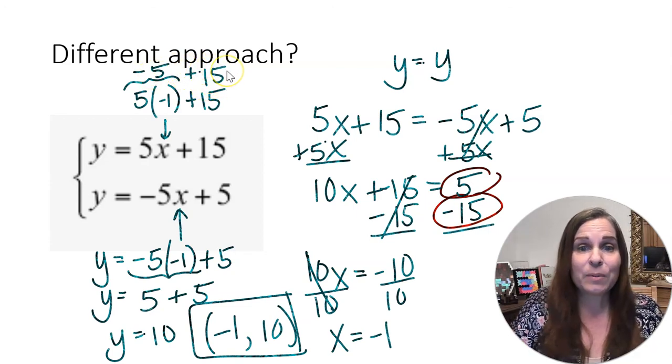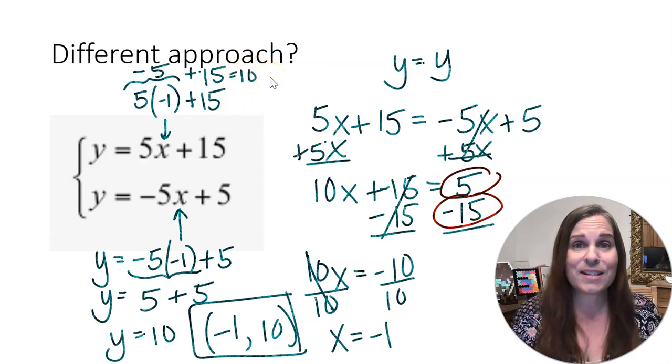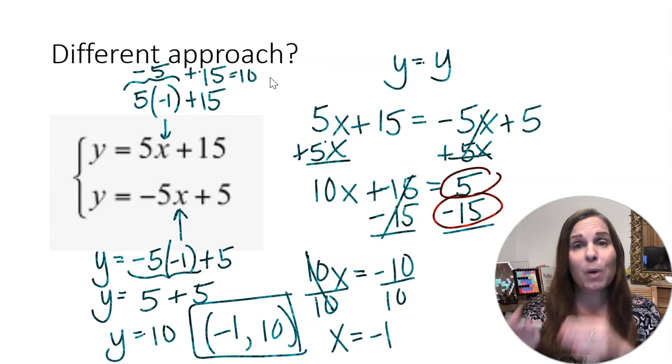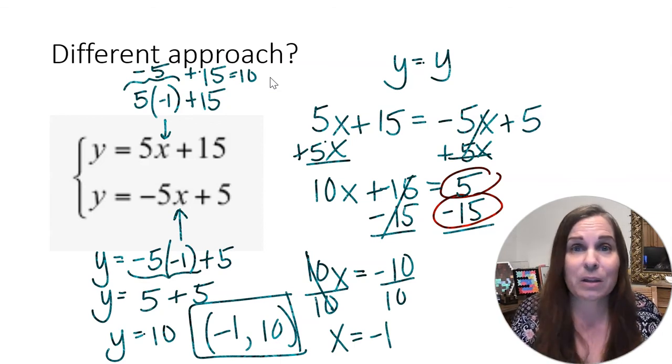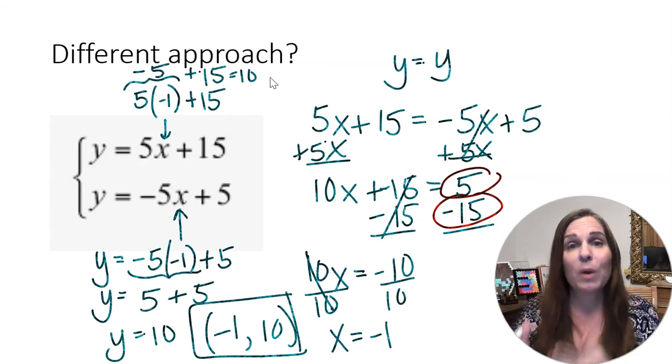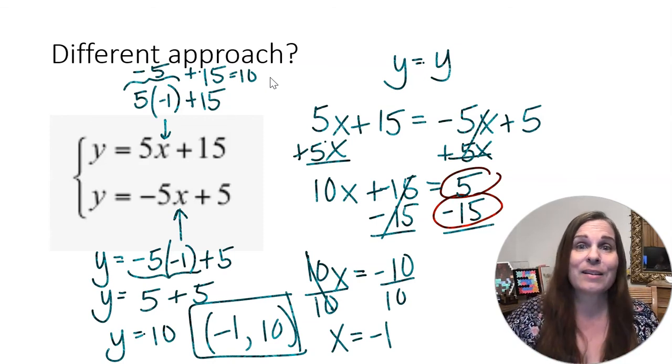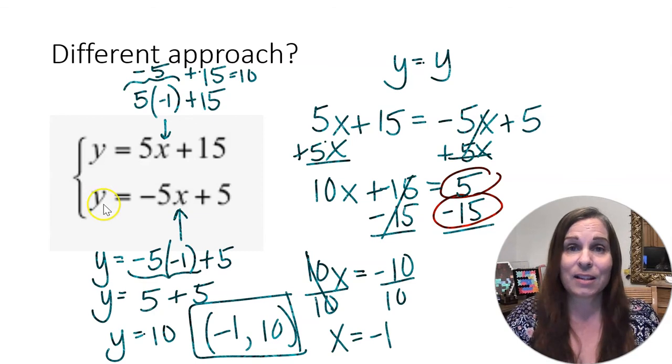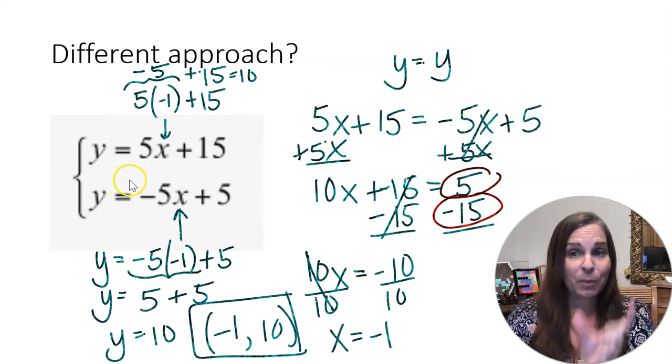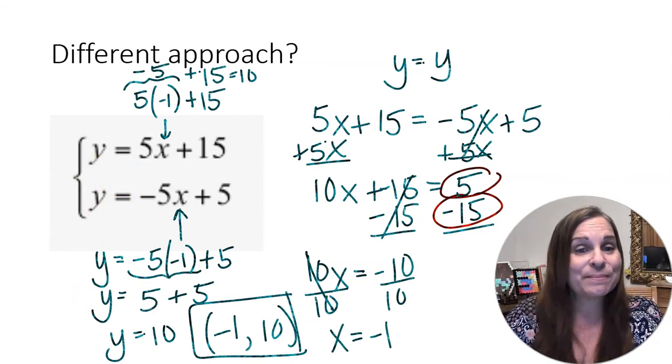And negative 5 plus 15 is still 10. Right? It doesn't matter which one you pick, whichever one looks easiest to you. Once you get one variable, regardless of whether it's x or y, it doesn't matter which one you get first. But once you get one variable, you just take it and plug it in to either equation to get the other one. Then write them both together as a point. And that's it.